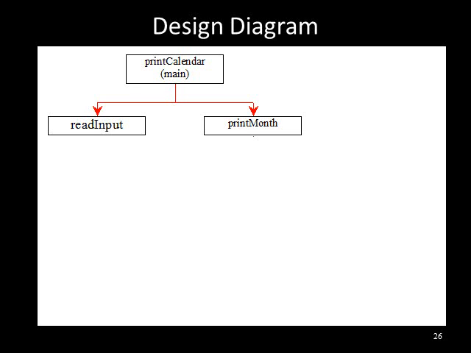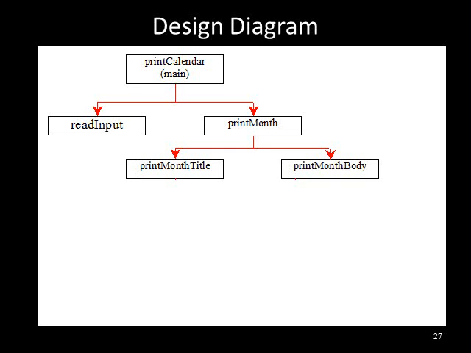What is the input? And what do we need to do with it? So we have two boxes, modules, read input and print month. Read input is well defined. It does one thing. It doesn't need any further refinement, so we don't have to break that down into a smaller problem. But this print month, what needs to be done?